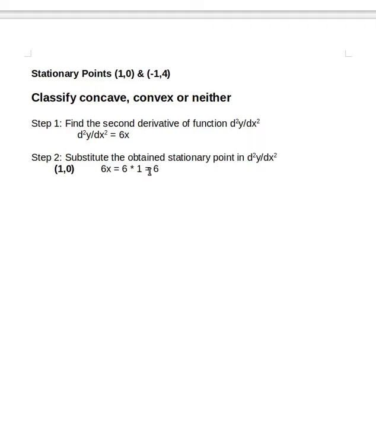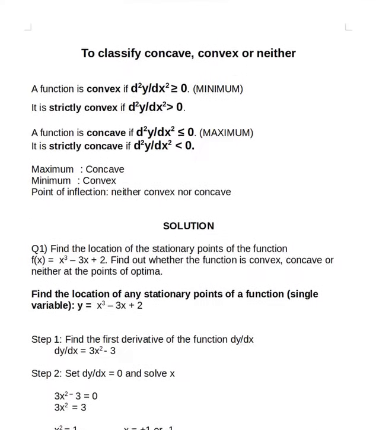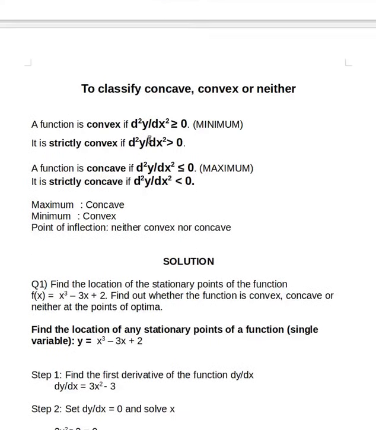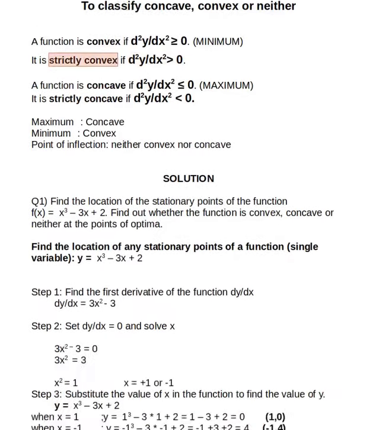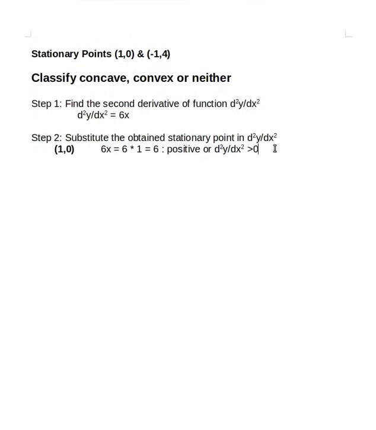So from this, d square y by dx square is positive, or greater than 0. When d square y by dx square is greater than 0, then we can call it strictly convex. So here we get the final answer as strictly convex.